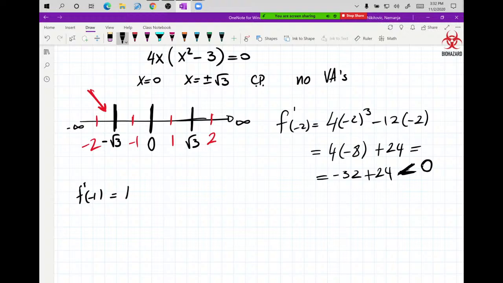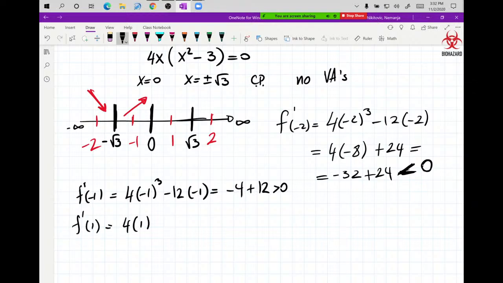That's going to be 4 times -1 cubed minus 12 times -1. And that's going to give us -4 plus 12. Now that's positive. Again, I don't care what the exact value is. I just know it's positive. Then we have the first derivative calculated at 1. Minus 12 times 1.